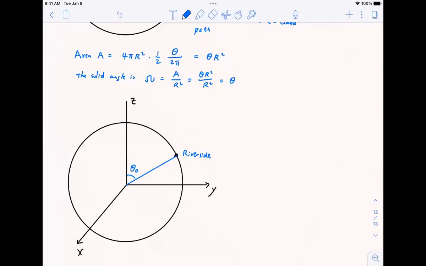I actually never observed it. Maybe I should do it. I think it would be an interesting observation. Of course, the Earth is rotating, so you just know this angle. So anyway, let's solve the solid angle.